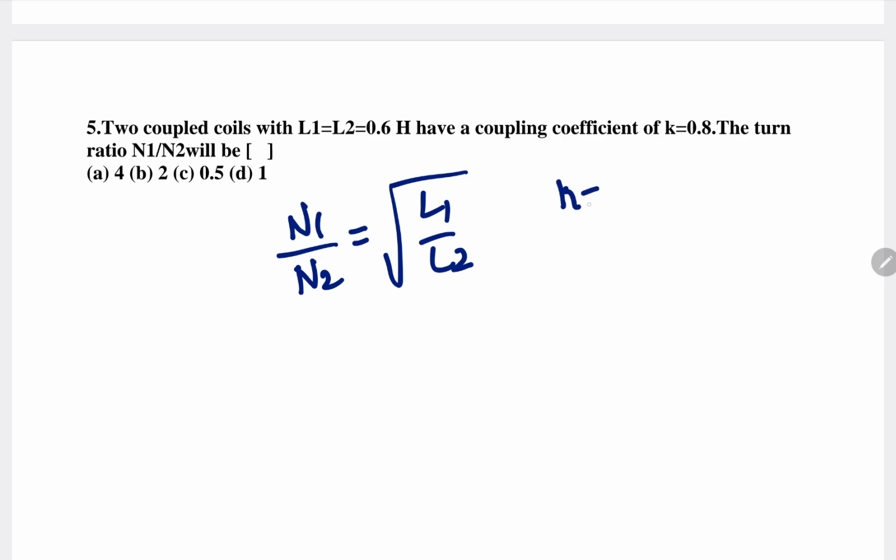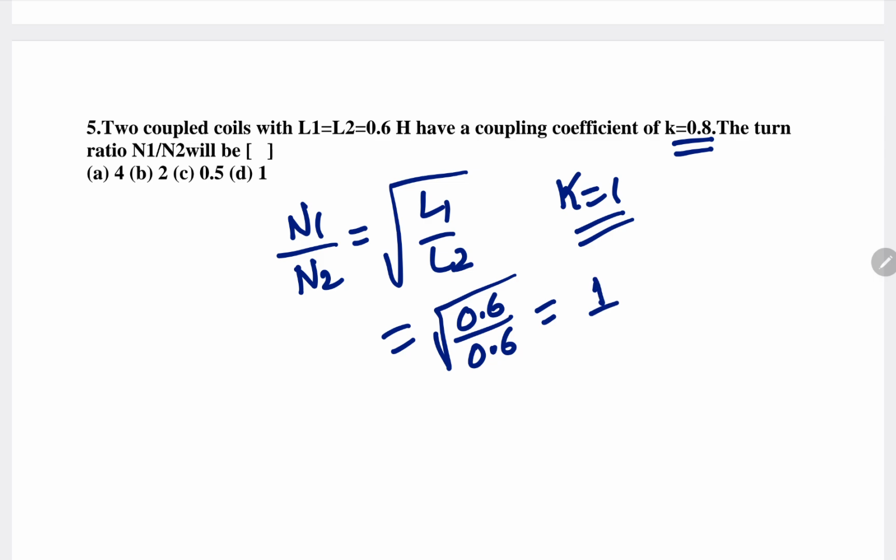Here K equal to 0.8 is given, but we are assuming K is equal to 1. Then root of L1 by L2 is root of 0.6 divided by 0.6, which is equal to 1. So the answer is D.